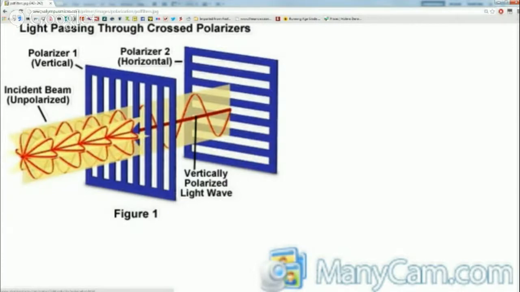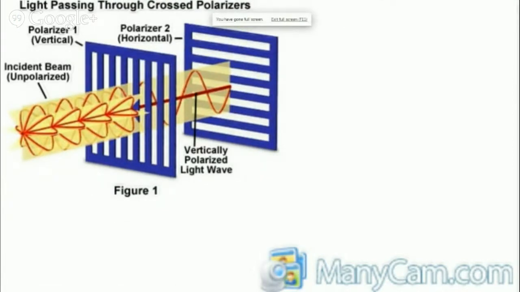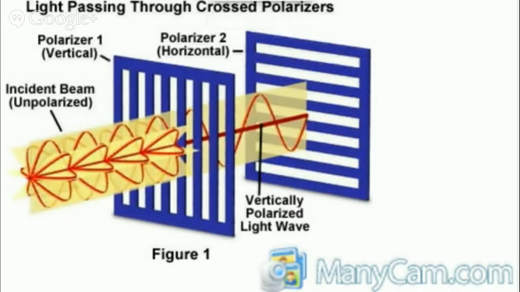So you can see in this diagram the wave is traveling from left to right and going backwards a little bit. And we start off with it unpolarized. The reason that transverse waves can be polarized is because their displacements are perpendicular to their direction of travel, and we live in a 3D world.